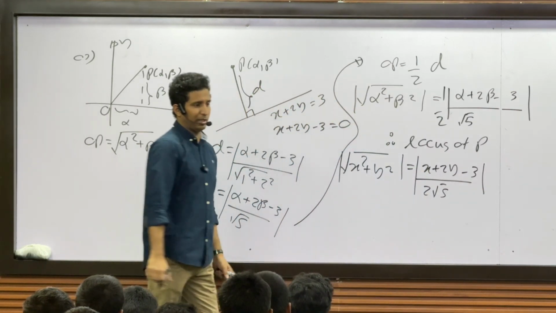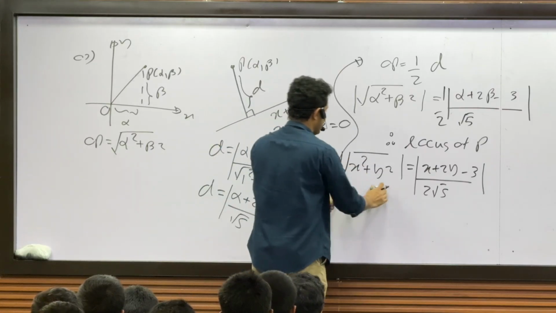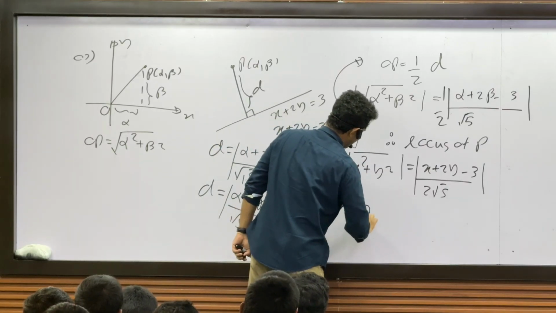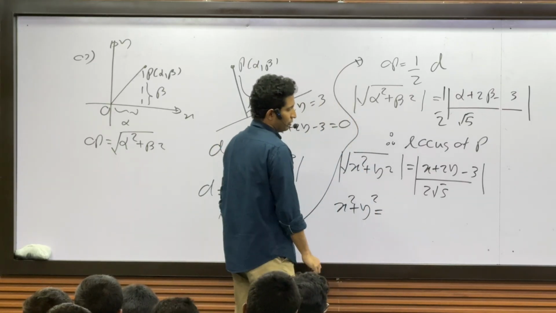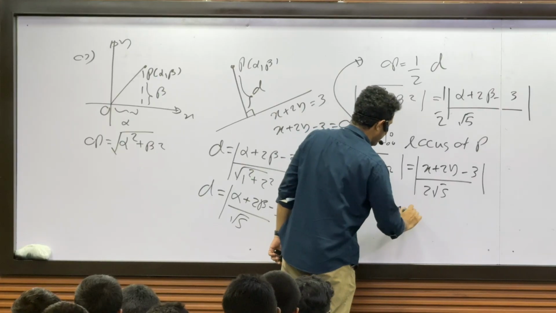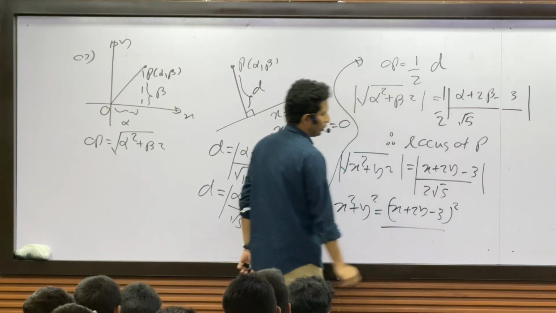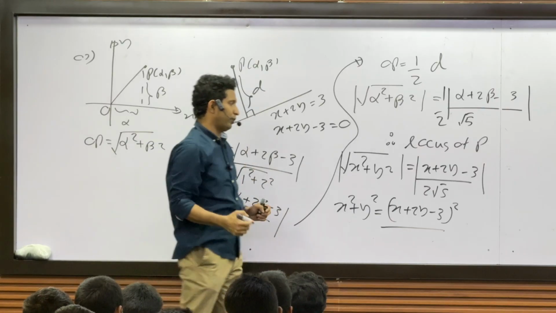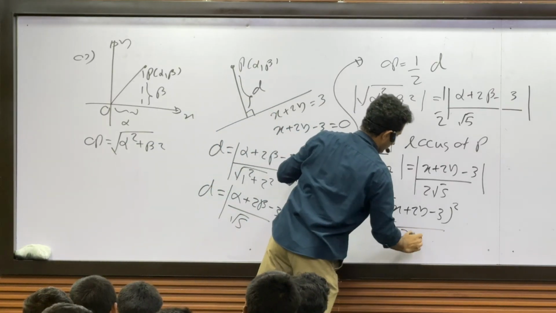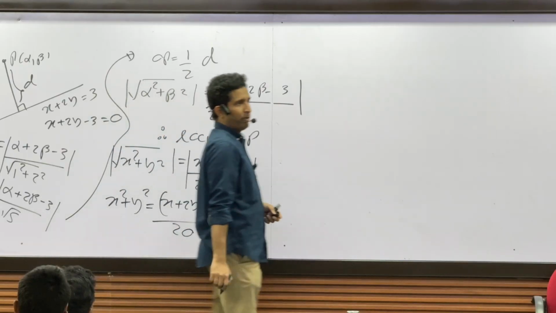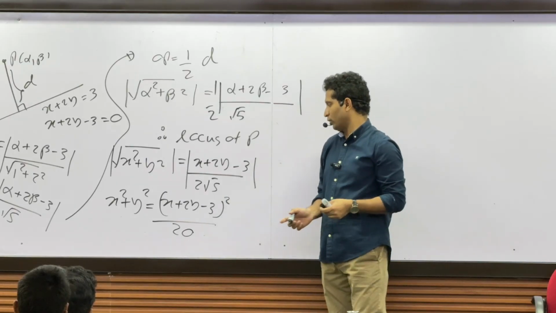Take the square on both sides. When you take the square, the square root cancels. That gives x squared plus y squared equals x plus 2y minus 3 to the power 2, divided by 2 to the power 2 times 5, which is 4 into 5, 20.